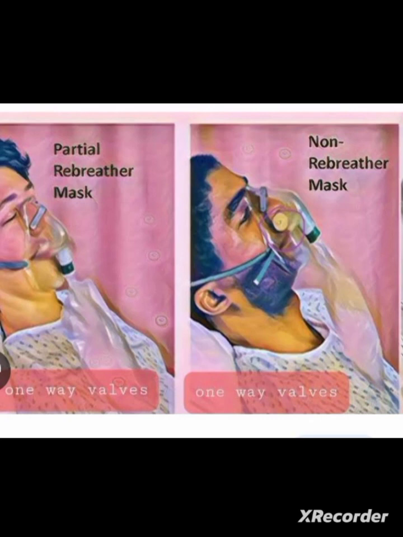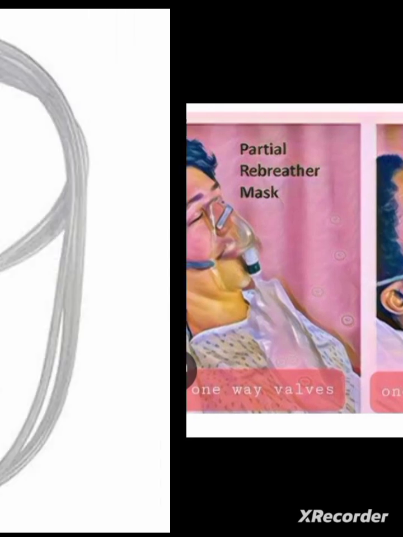Make sure the valves are open during expiration and closed during inhalation to prevent a drastic decrease of FiO2. That is what we have to remember regarding the valve, and it is useful for high O2 concentration.